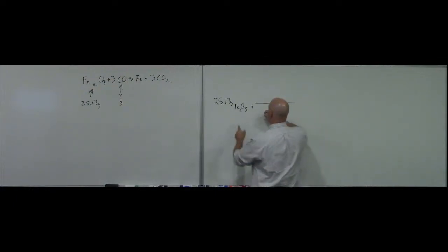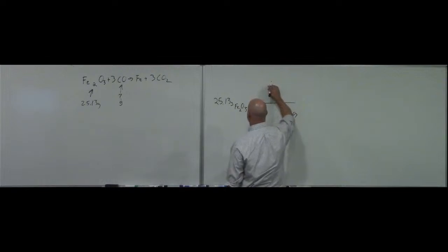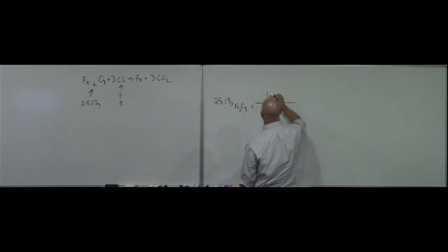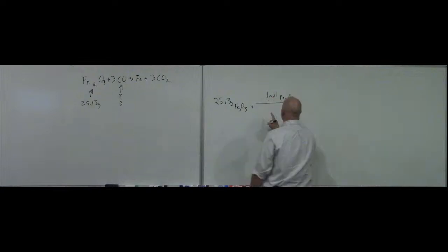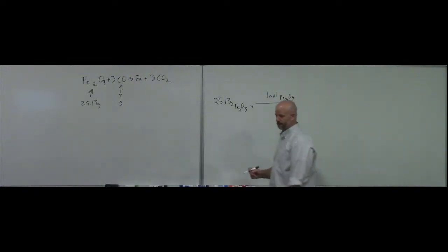So I got grams on top here, so I need them on bottom here, right? So grams of Fe2O3, and of course up here I'm going to have 1 mole of Fe2O3. So find me a formula mass for this, or a molar mass for this, Fe2O3.